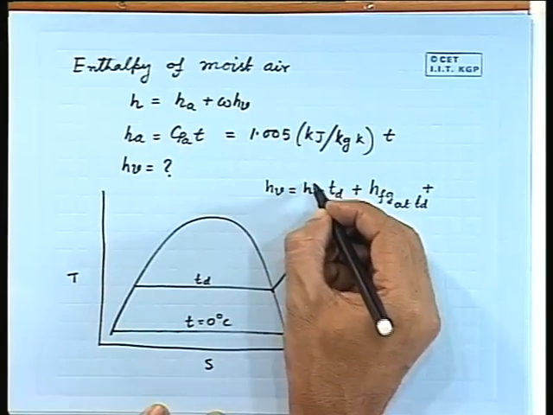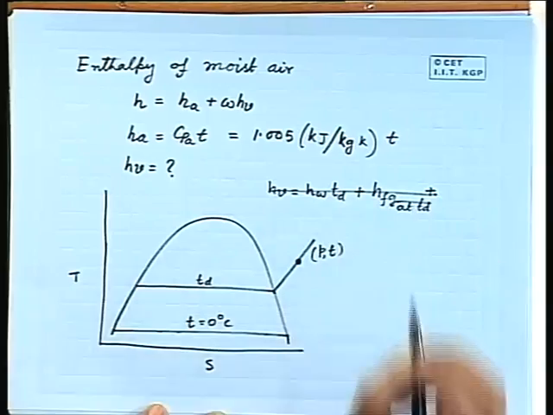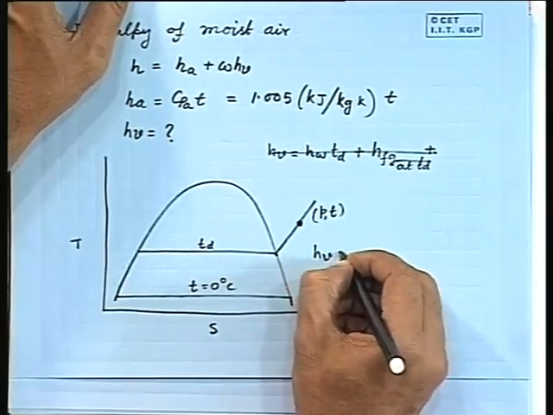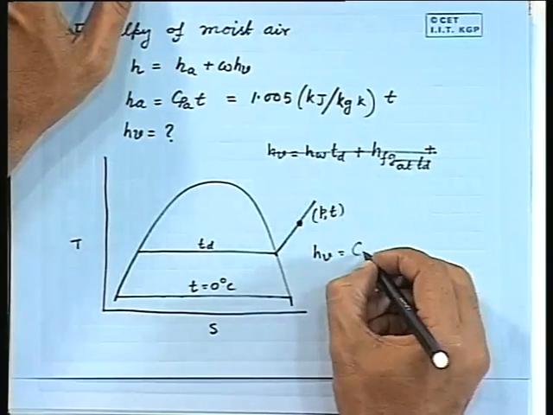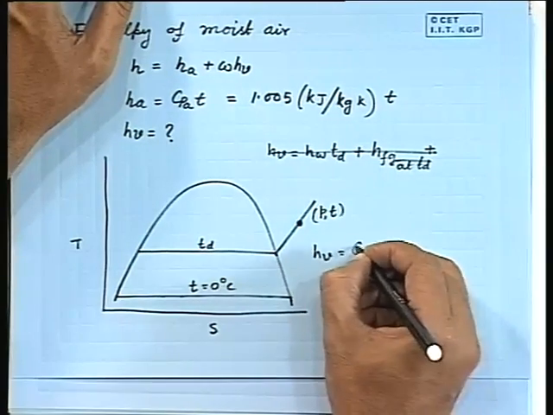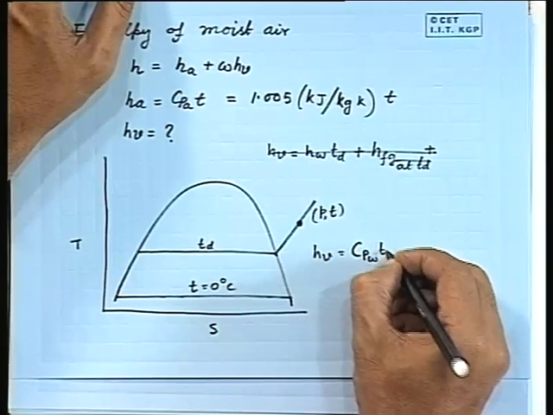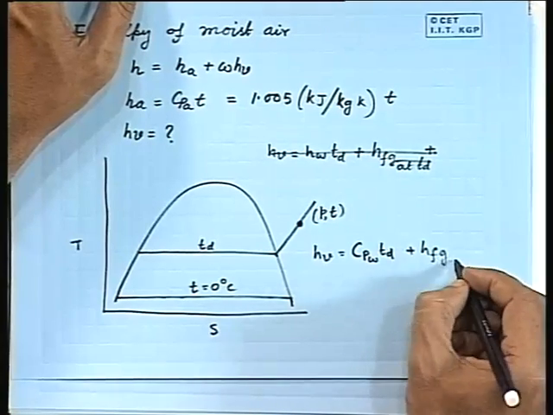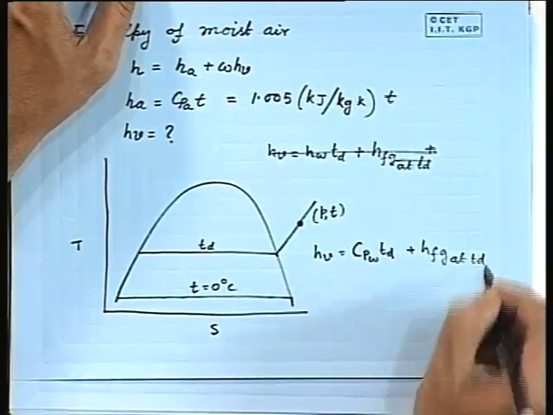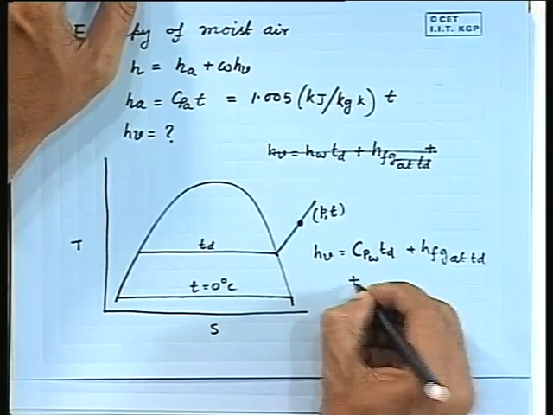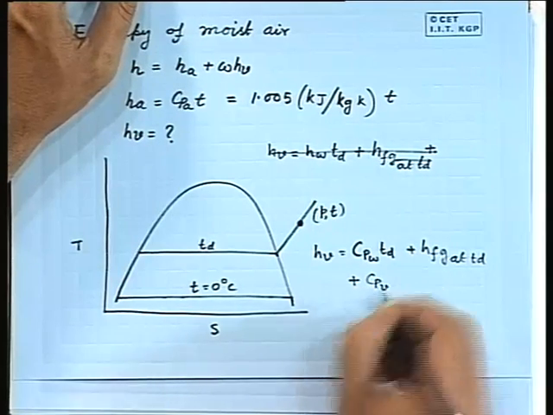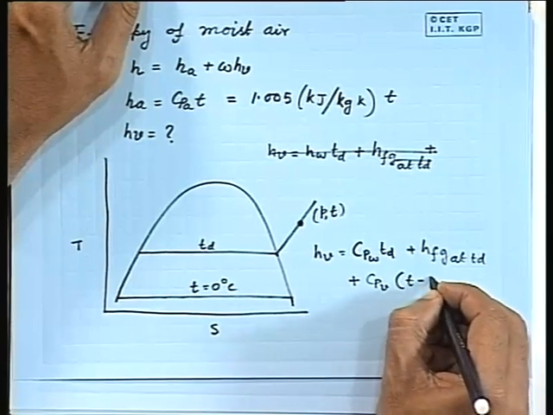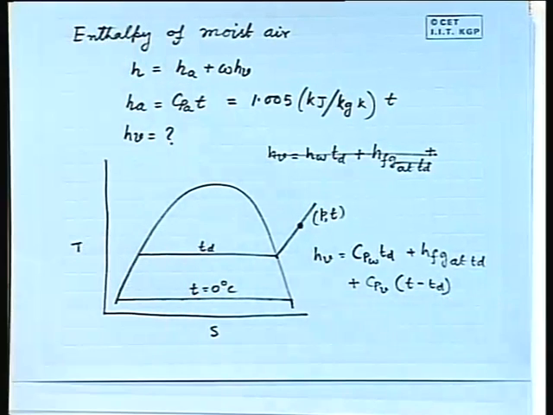Let me write it here: HV is equal to CPW, not HW, CPW into TD plus HFG at TD plus CP vapor into T minus TD. This is what I can write.